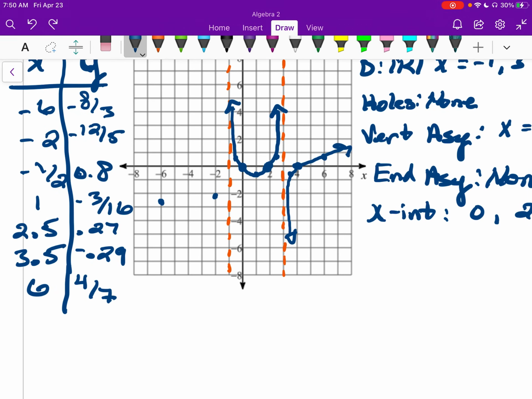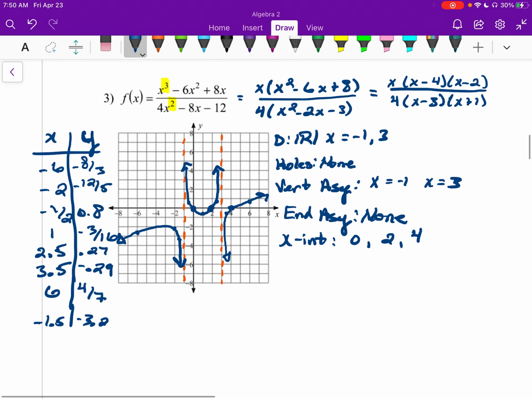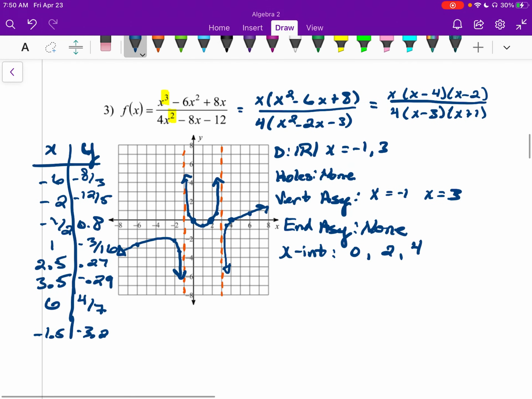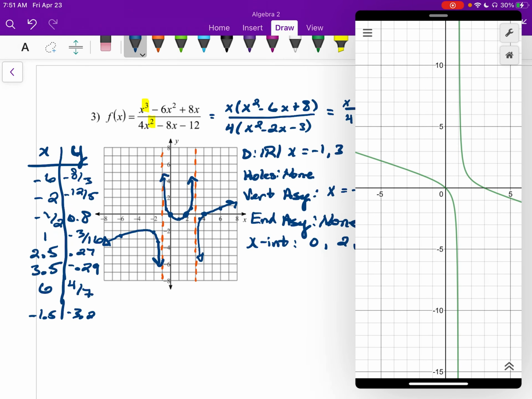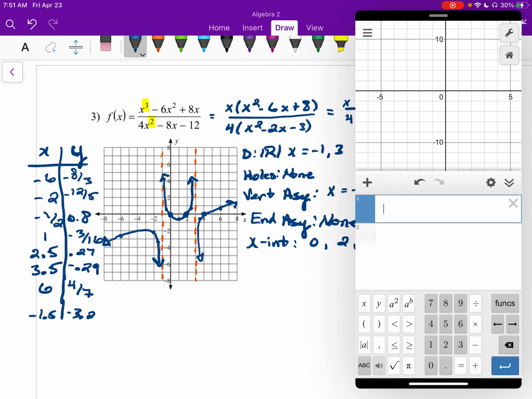I'm going to plug in -1.5. And whenever I plug that in, I get -3.2. So that's all the way down here. So that helps me know what's going to happen. It's going to do a swoop down. So that's that.